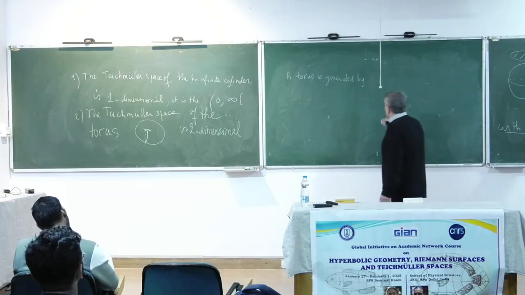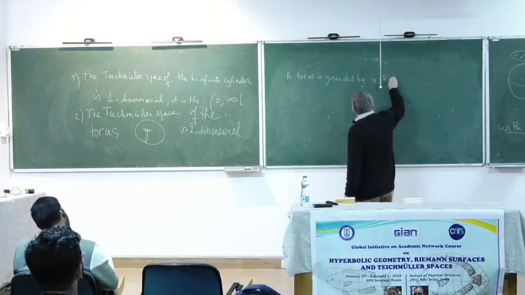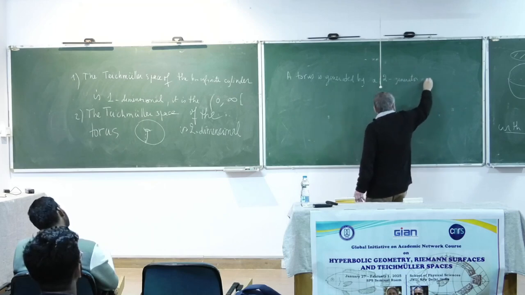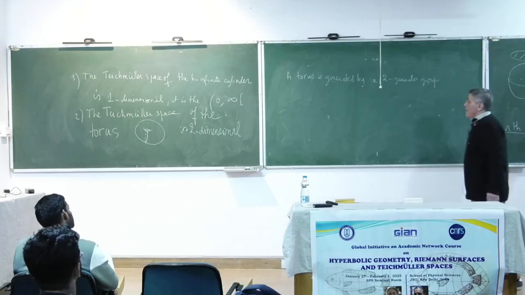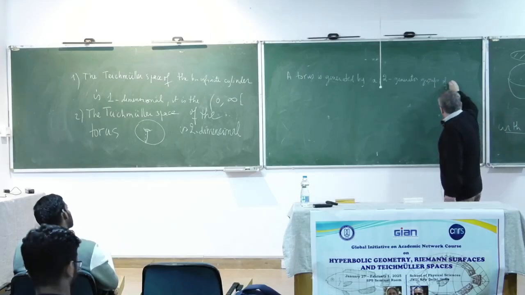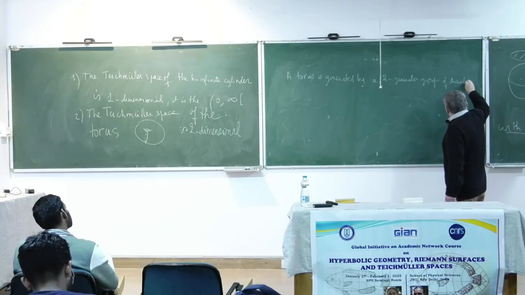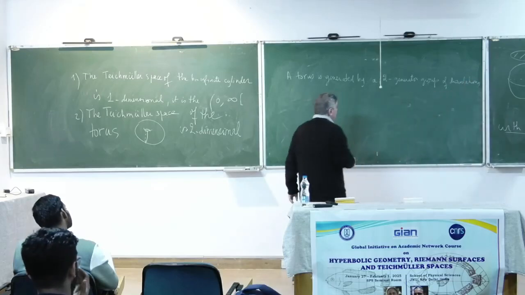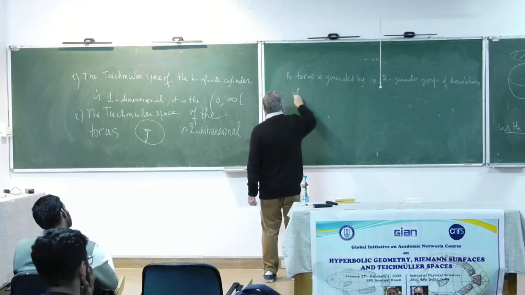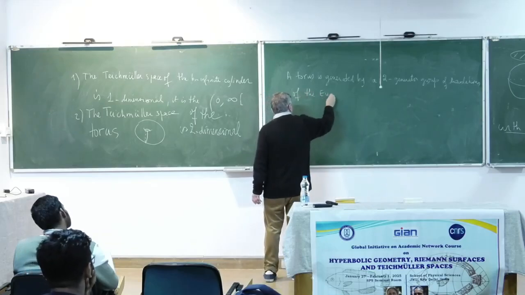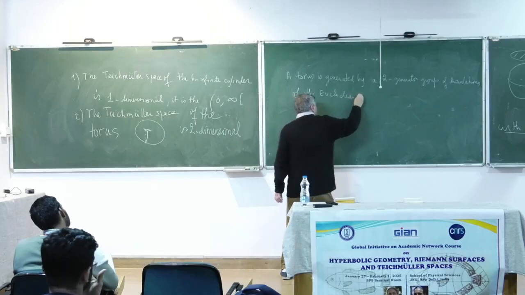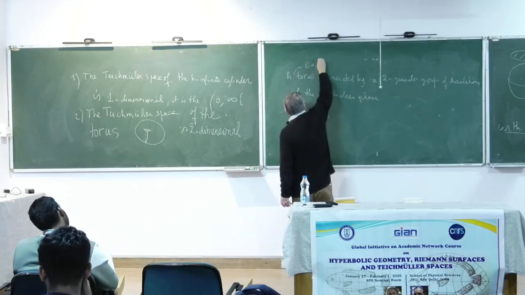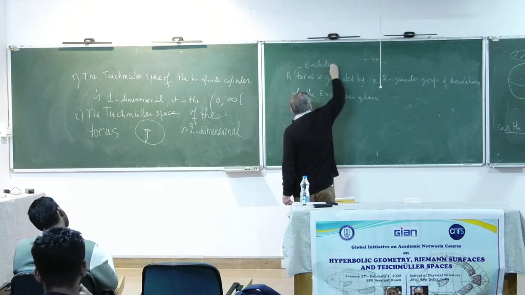A torus is generated by a two-generator group of translations, a group of translations of the Euclidean plane. And this is here a Euclidean torus. This is what you are interested in, a Euclidean torus.